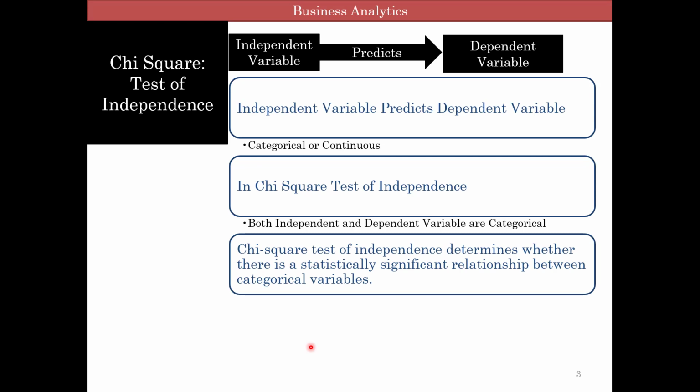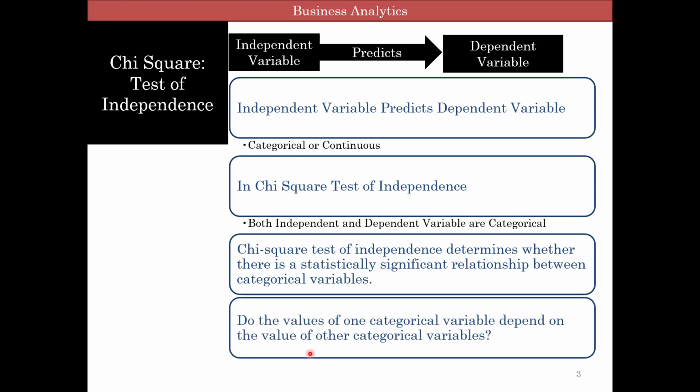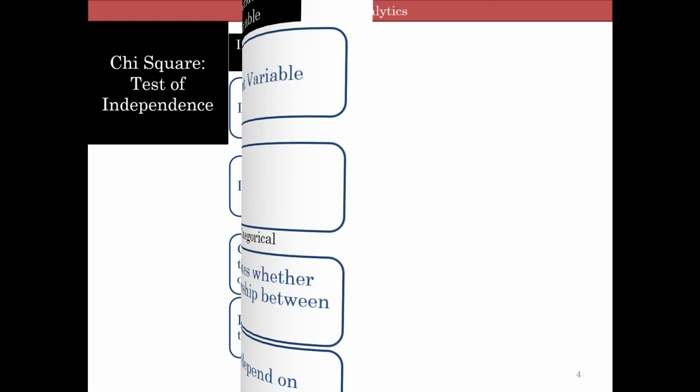So chi-square test of independence determines whether there is a statistically significant relationship between these two categorical variables. Do the values of one categorical variable depend upon the values of another categorical variable?